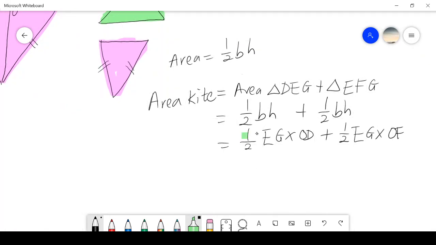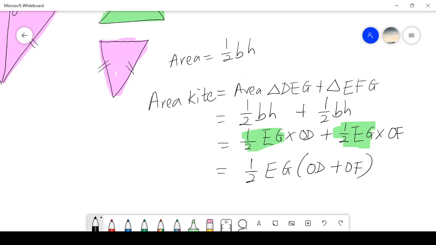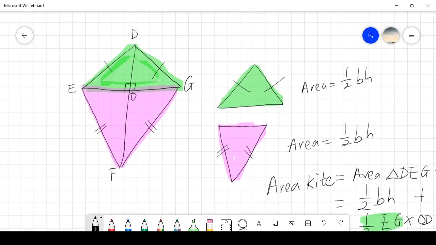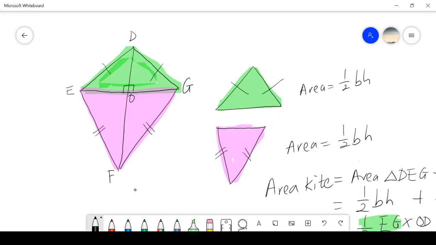Now we can take out a factor here. These two are common. I can take out a factor, half EG, and I'll be left with OD plus OF. Now let's look at that. OD plus OF. OD is this, plus OF is that. OD plus OF, we can just rewrite that as DF. And what is DF? DF is one of my diagonals.